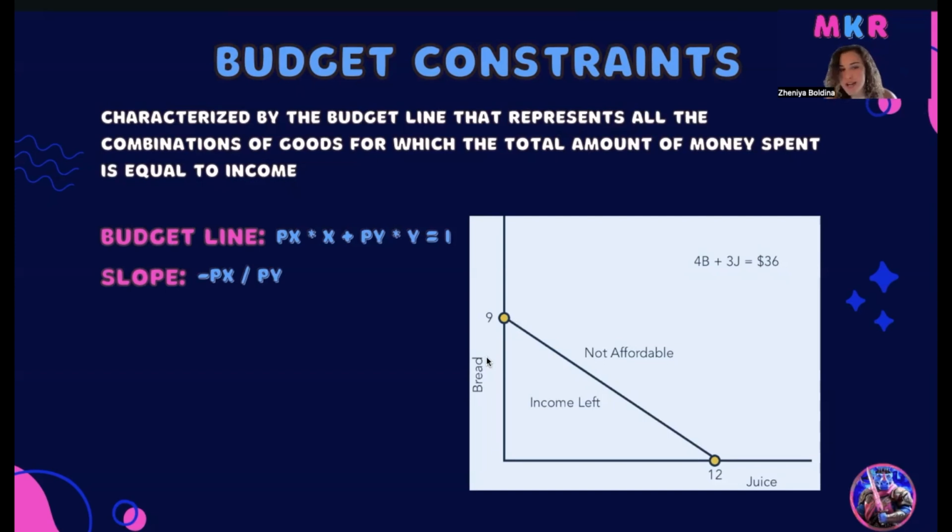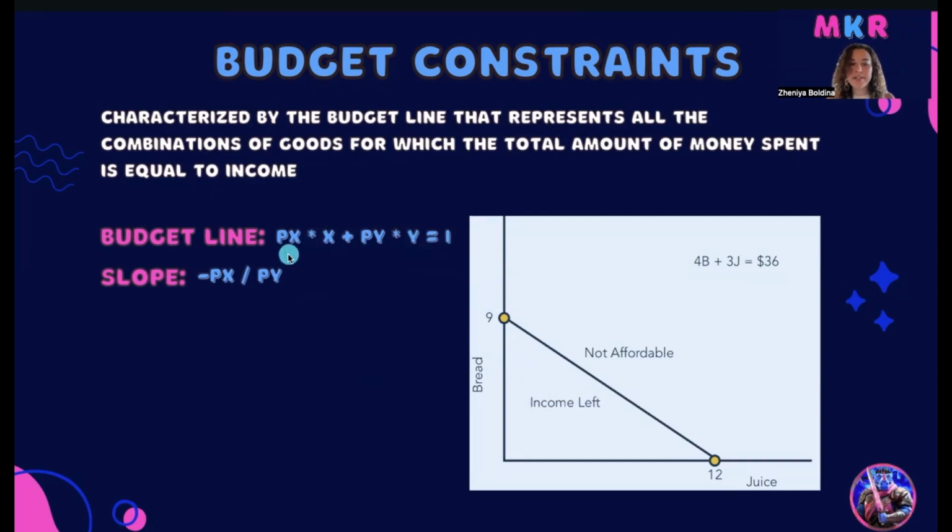Now we scratch the example with bananas and apples. Now we have bread on our y-axis and juice on our x-axis, and we're seeing how our budget is allocated to these two goods, and it must be fully used on these two goods. So we see this function here for the budget line.